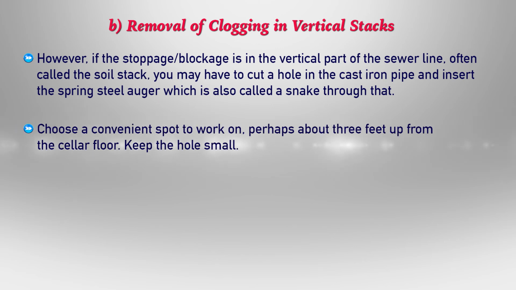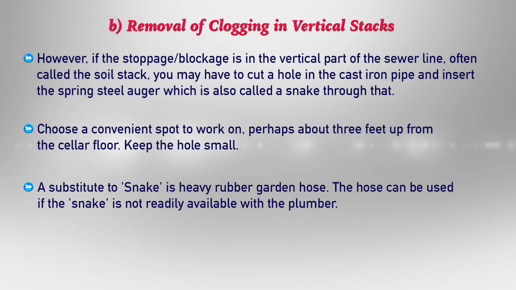Choose a convenient spot to work on, perhaps about 3 feet up from the cellar floor. Keep the hole small. A substitute for a snake is a heavy rubber garden hose. The hose can be used if the snake is not readily available with the plumber.